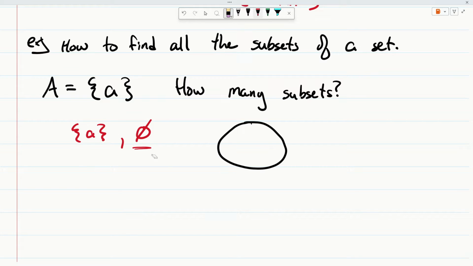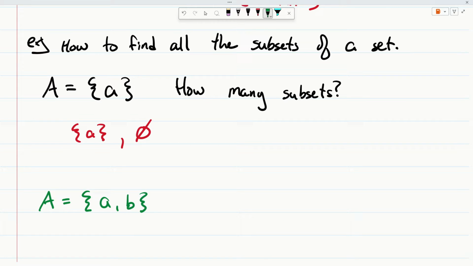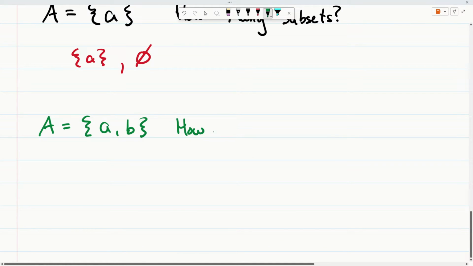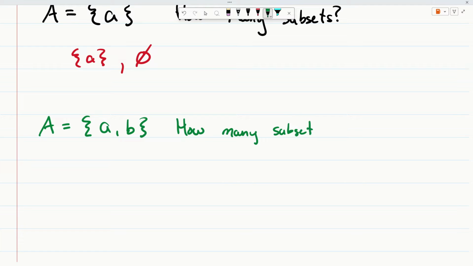All right? Now the question becomes, how many subsets do we get if we add another element? Well, remember, you always got 2 right off the start. You have the set itself, and you have the empty set.